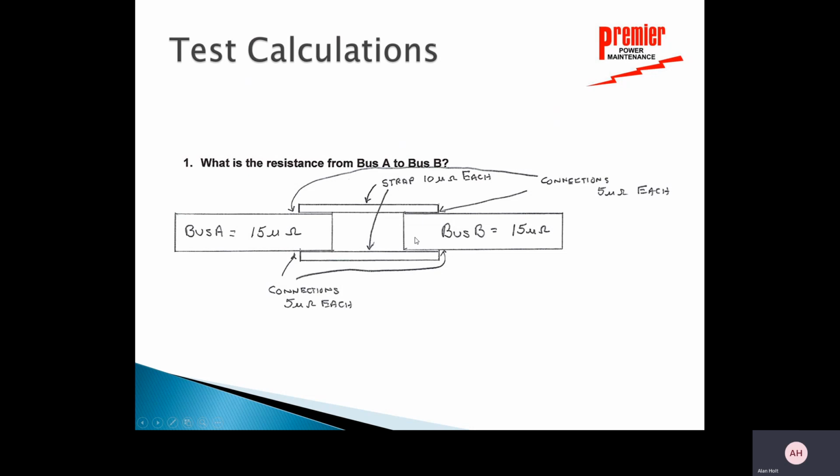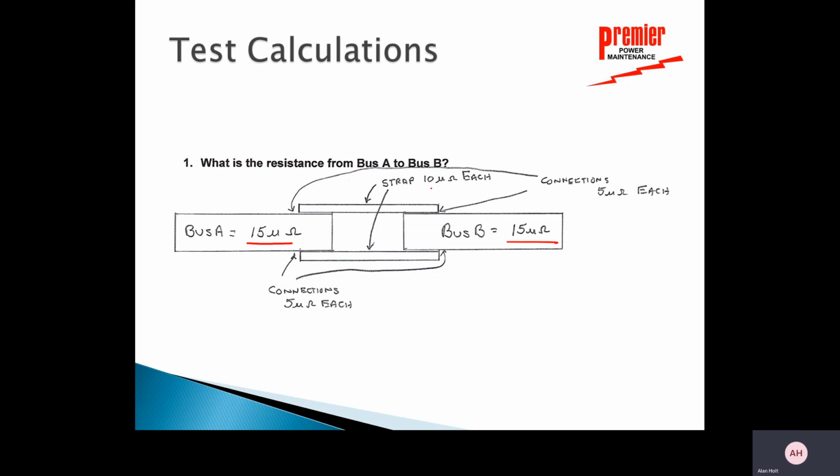Okay, final question. Test calculations. This is an actual example of a problem that was on there about a year ago. So I have this bus bar that's 15 microohms and a similar bus bar that's also 15 microohms, and they're connected together with 2 straps.